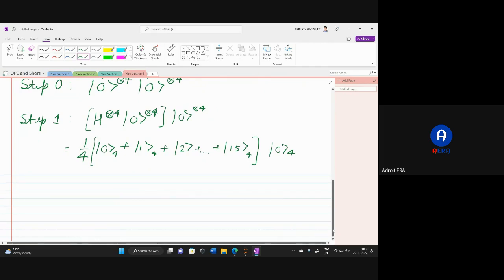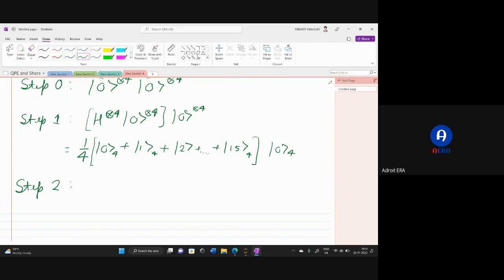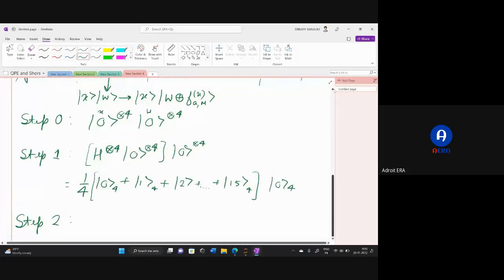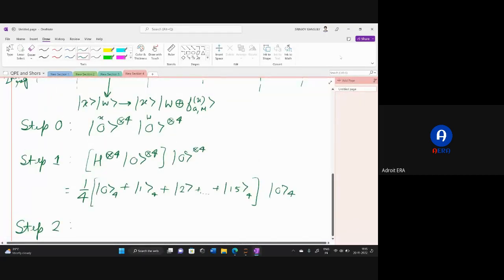Now step 2. So now, since we know in step 2 we have to apply the oracle, and the oracle formula I just now gave you here. Okay, what is the formula? w XORed with f of x, a comma m, and f of x I have already defined.